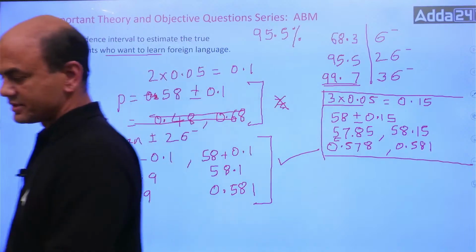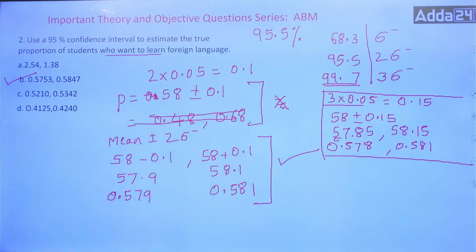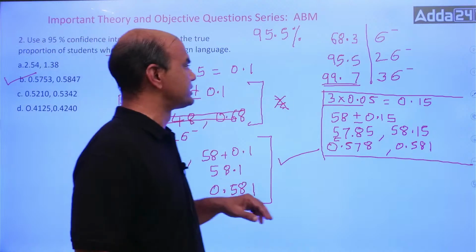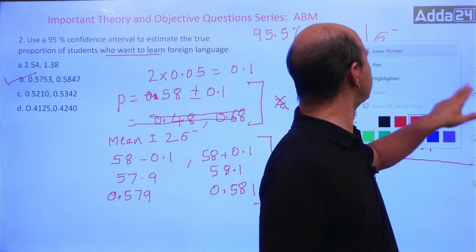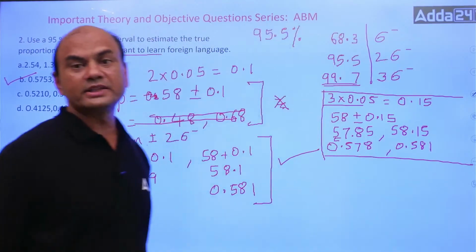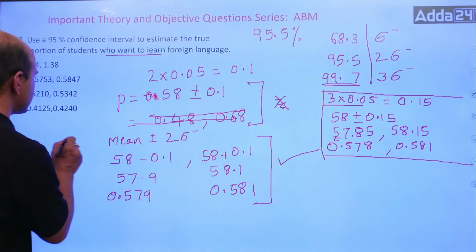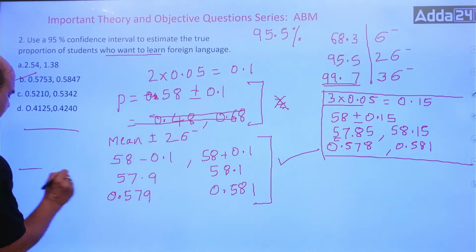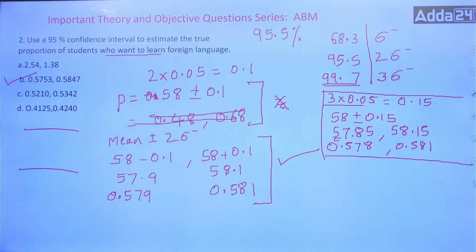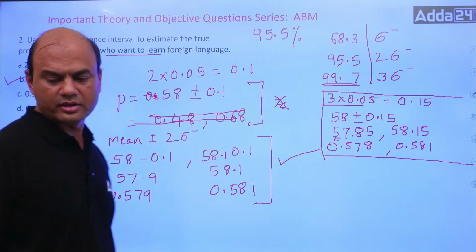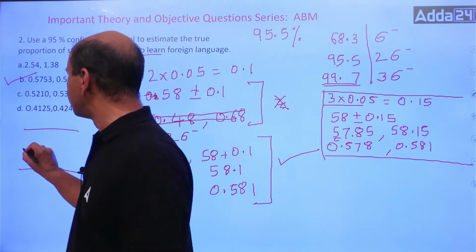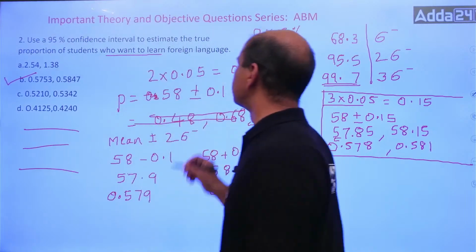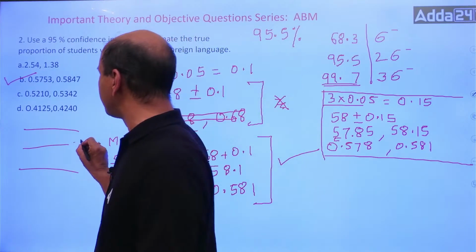So what do you mean by this? It means plus or minus. Let me show you. Whenever you write standard error, it means this is a zone. In this zone, this is your answer: 58. This is your mean, 58.